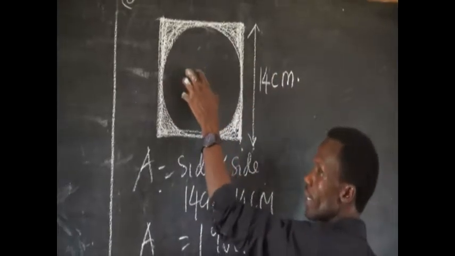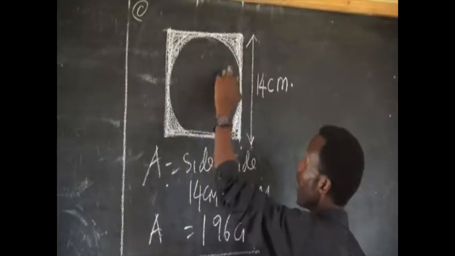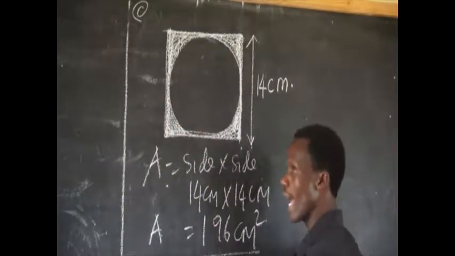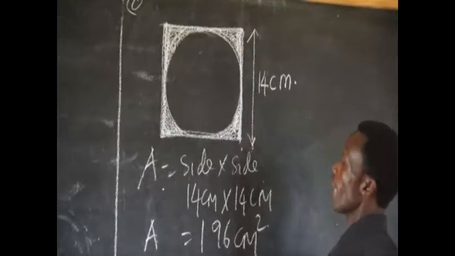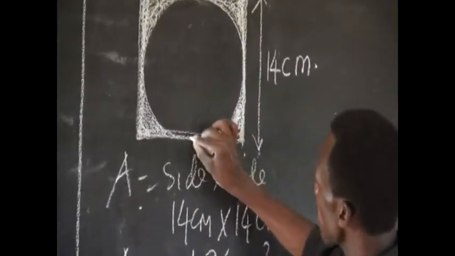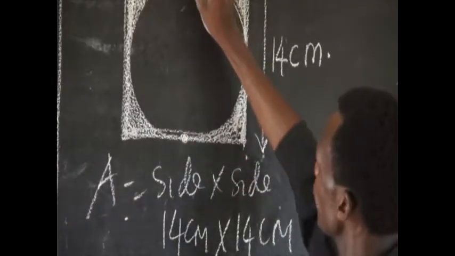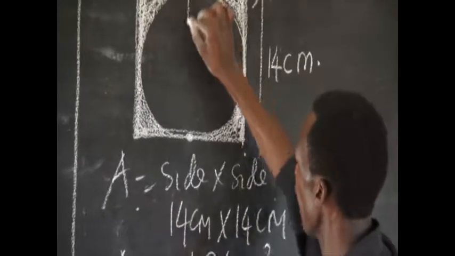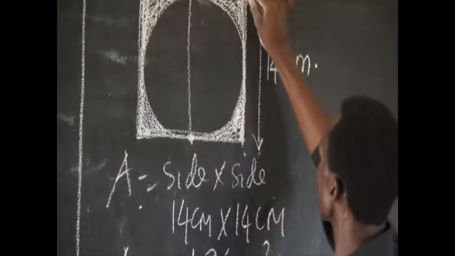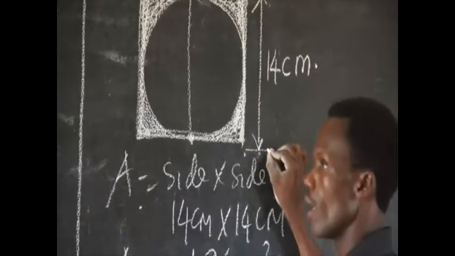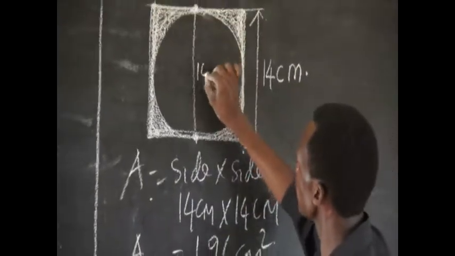When you look at this one, this is the circle, but the circle has no radius or diameter given. The distance from here to here is the same as this distance, and from here to here is 14 centimeters.